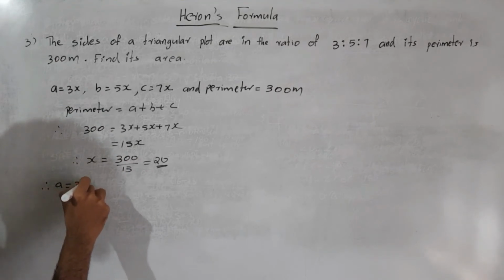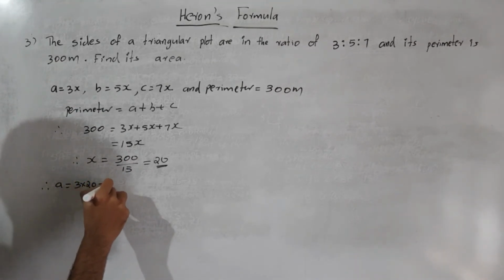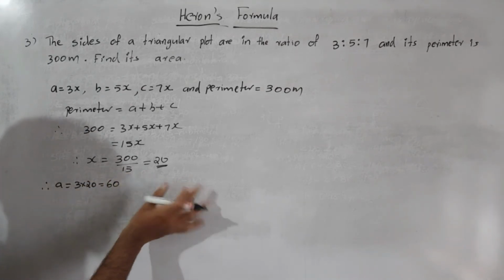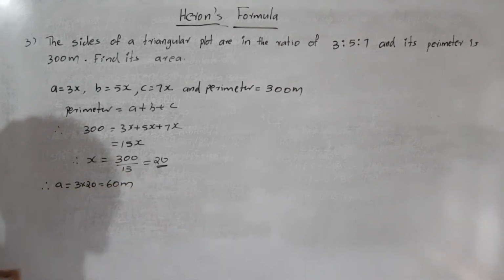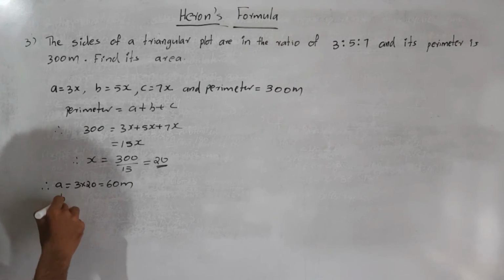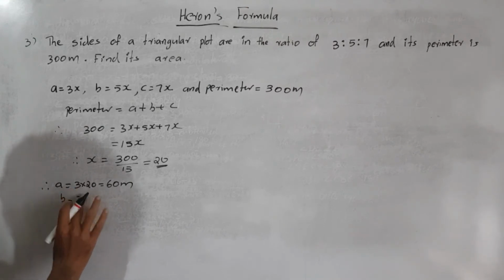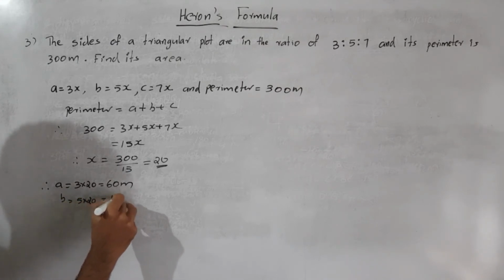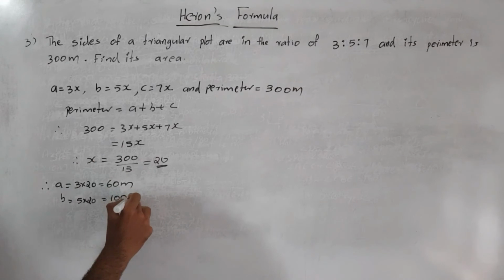Therefore a is equal to 3 into 20. 3 into 20 is 60. 60 meter, not centimeter, 60 meter. Then b is equal to 5 into 20, which is 100 meter.